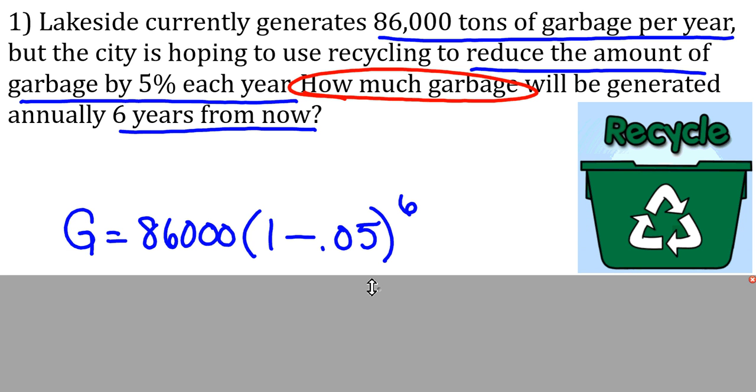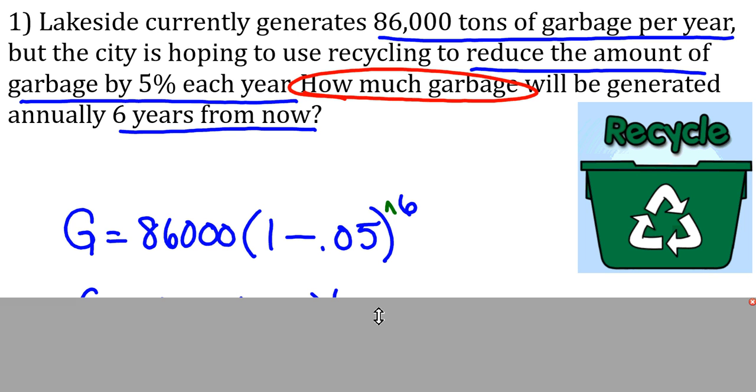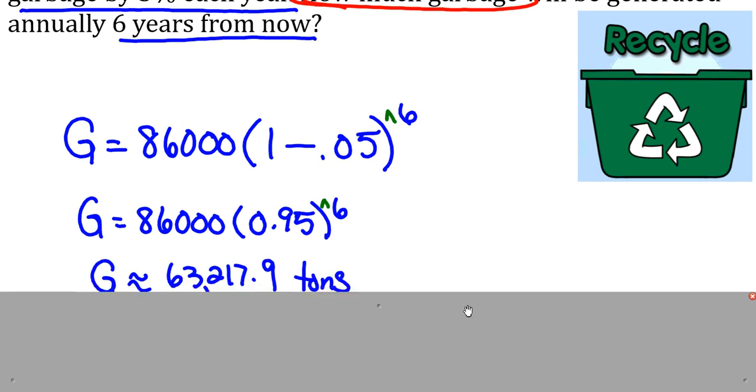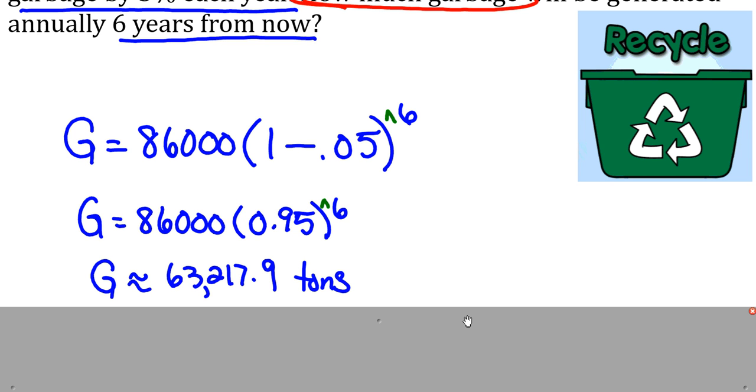If we evaluate this for 6 years, using the caret key, we can get the garbage amount that will be produced. We also could simplify what's inside the parentheses. 1 minus 0.05 is 0.95. We also could use our equation like that, because 100% taking away 5% means you're keeping 95% of the total. Either representation is correct. That will tell us how much garbage would be generated, which would be 63,217.9 tons.